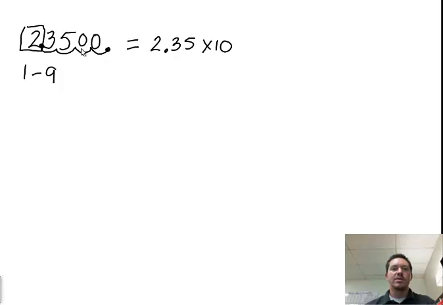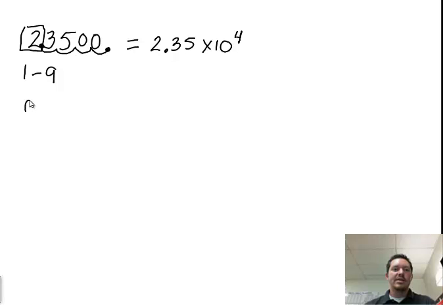So I went 1, 2, 3, 4. Because this number, 23,500, is bigger than 1, my exponent is positive, and I moved it 4 places. This is the number of places I moved my decimal. I don't need to write a plus sign to indicate that it's positive, so it's assumed to be positive when I write it like such.